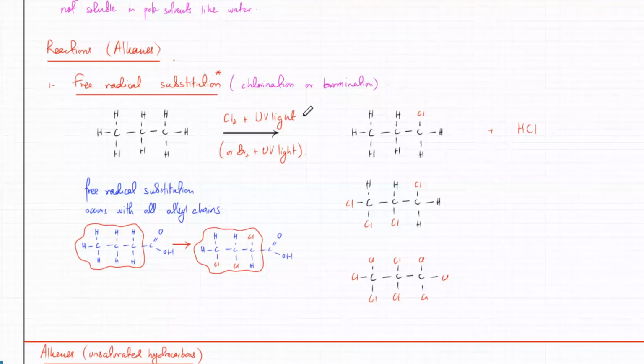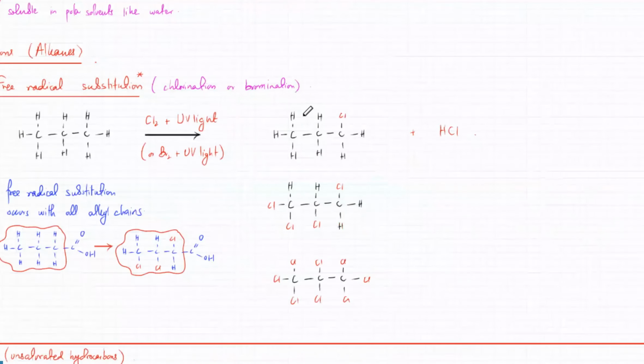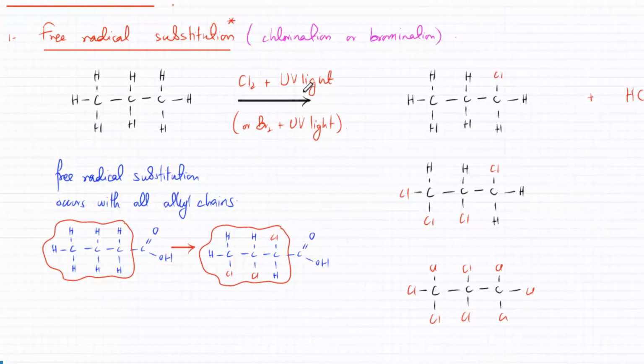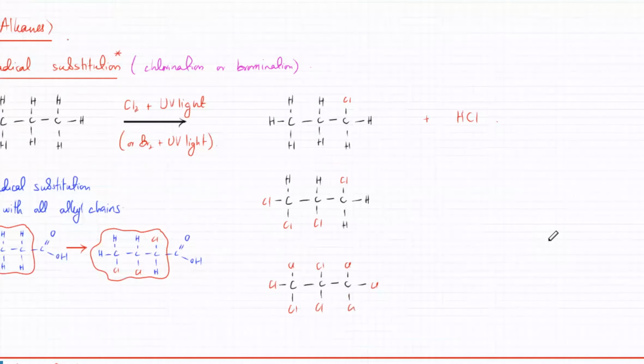We'll talk about its mechanism. How does chlorine in UV light react with alkanes and end up substituting one of the hydrogen atoms or multiple hydrogen atoms or all of them? And how does it form a byproduct, which is HCl?